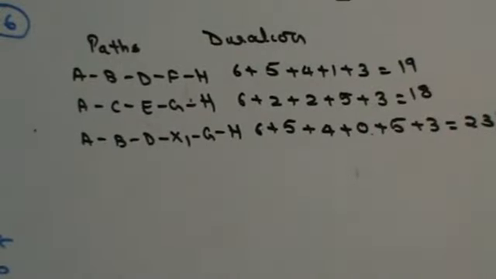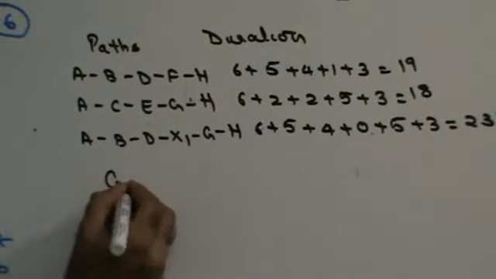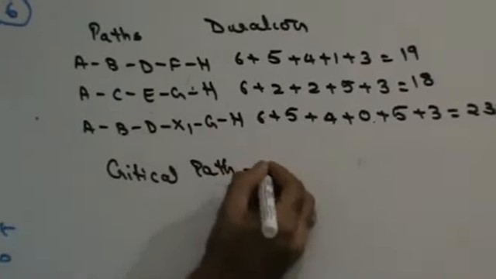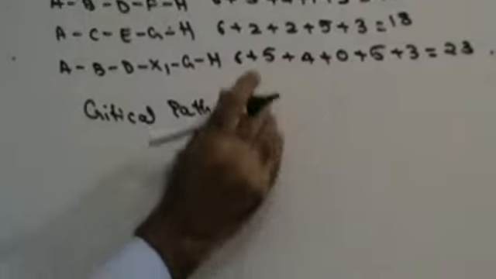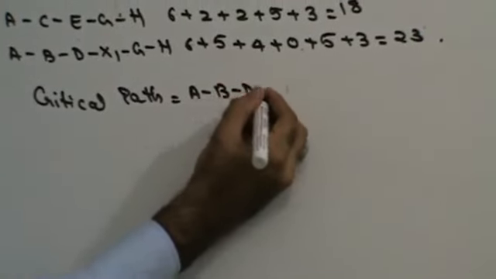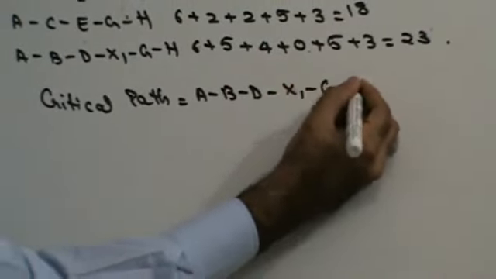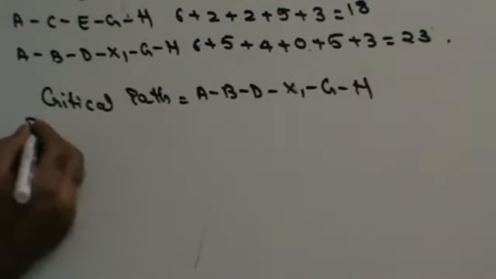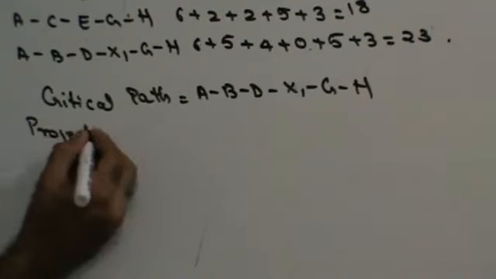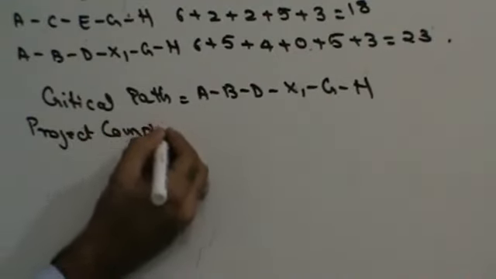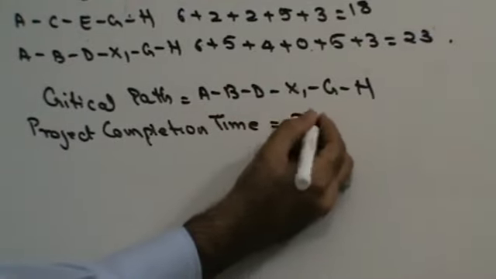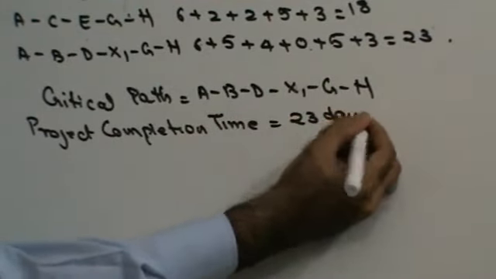So in that case my critical path is going to be A, B, D, X1, G, H. Right? This is my critical path, and my project completion time is going to be 23 days.